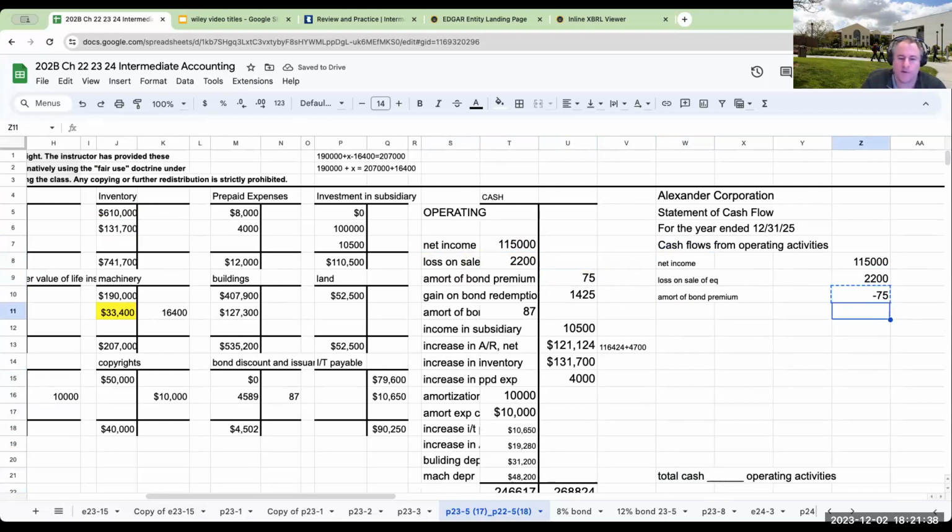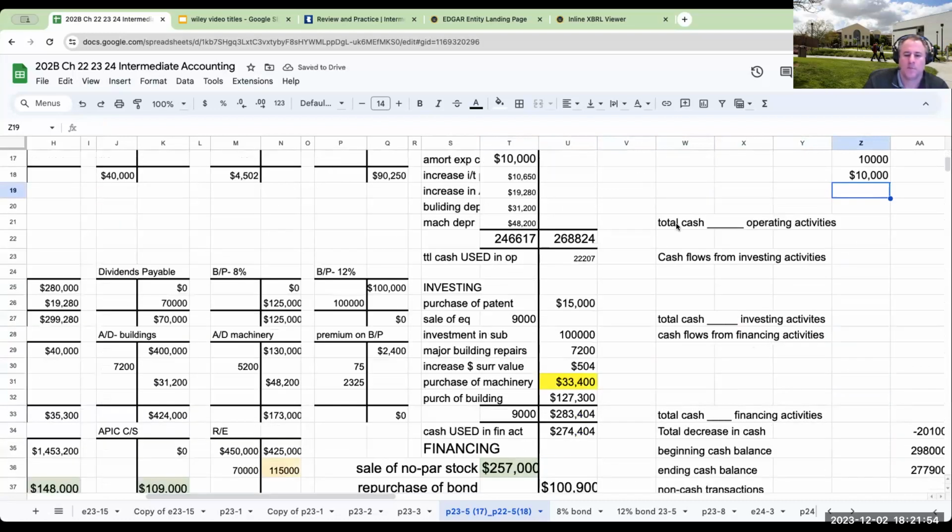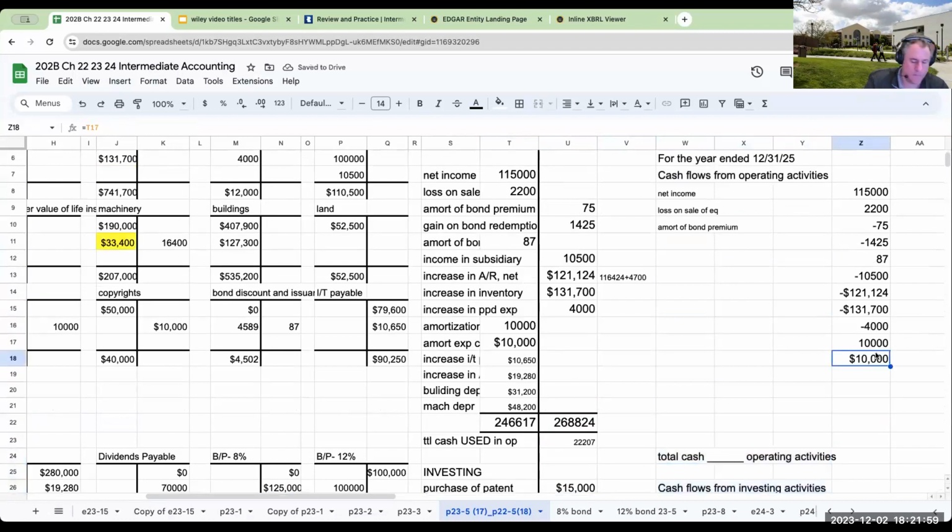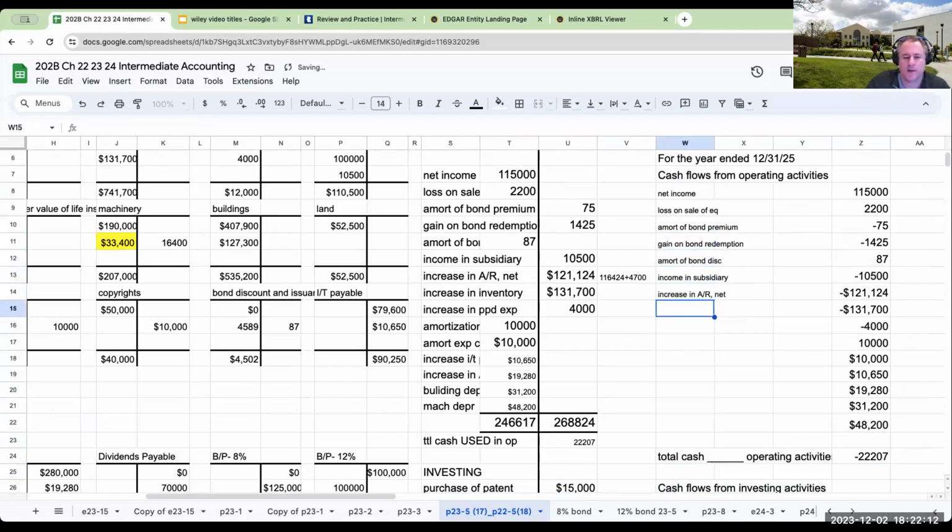So we can do ourselves a little favor. And we need more room. It's fine. Okay, so over here, we're just copying over from our big cash T account.